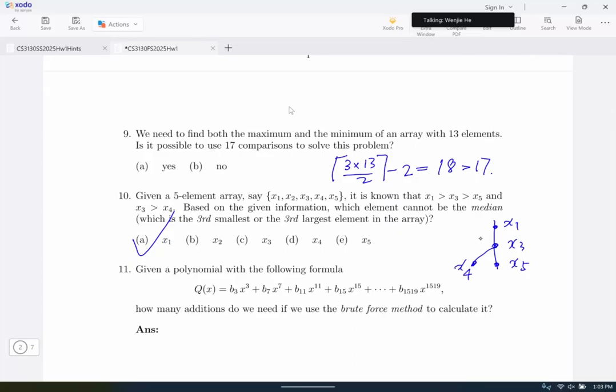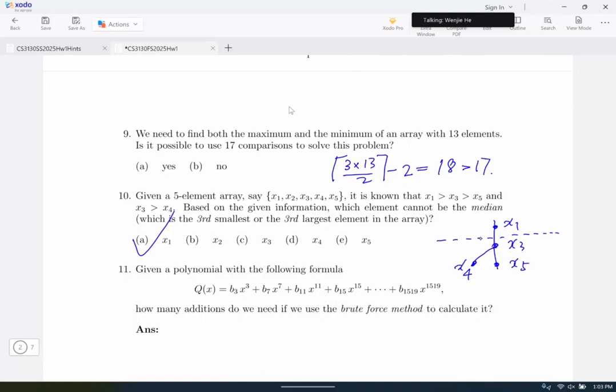After you draw a diagram, you know X1 is above at least 3 elements, although we do not know where X2 is. X2, we don't know which position, up or down, but it doesn't matter. We know X1 is greater than at least 3 elements. It cannot be the median, right?